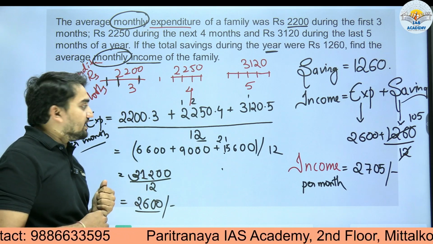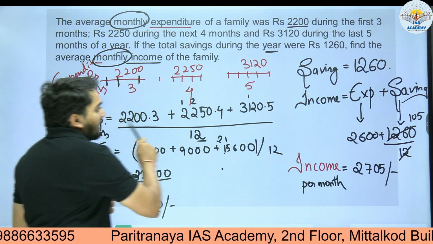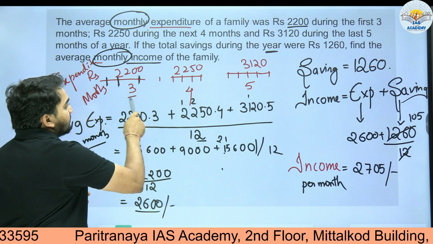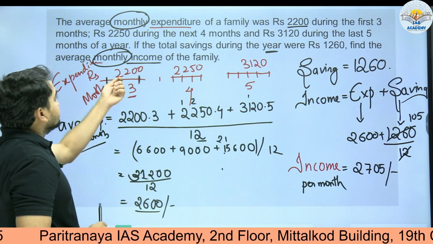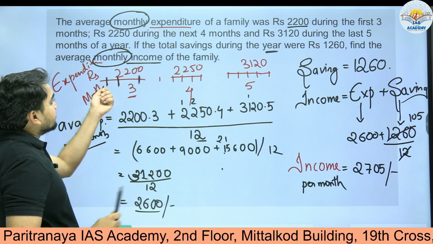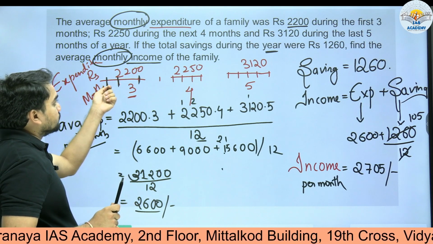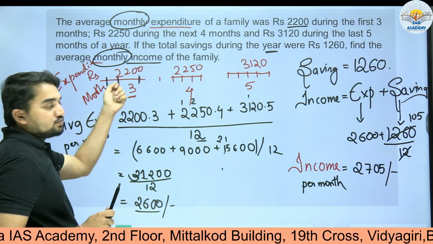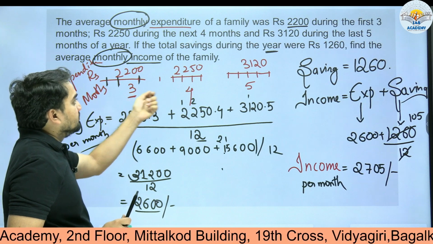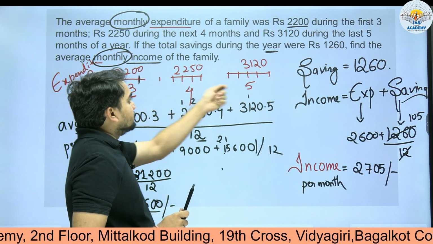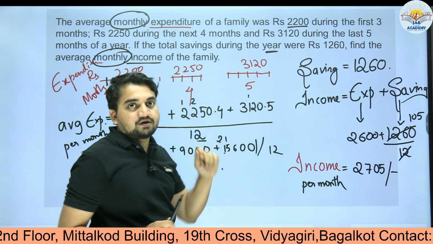If they have given average, that means per month, first 3 months he is spending 2200 each, and similarly for next 4 months and last 5 months, he spent 3120 per month.